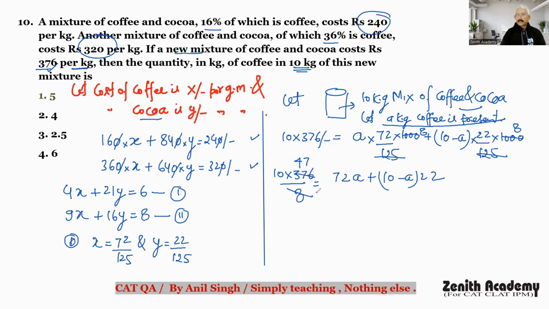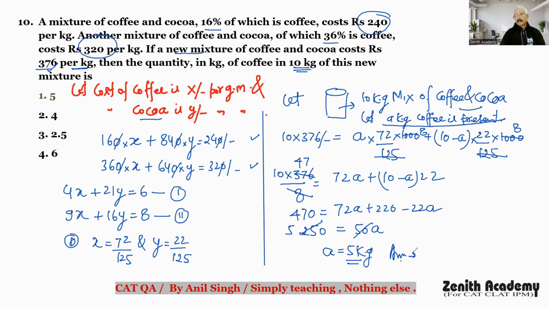And this is 470 equals 72a plus 220 minus 22a. This is 72 minus 22, 50a, and 470 minus 220 is 250. So A is 5. Answer is 5 kg. This is a general approach. The answer of this question is 5 kg.